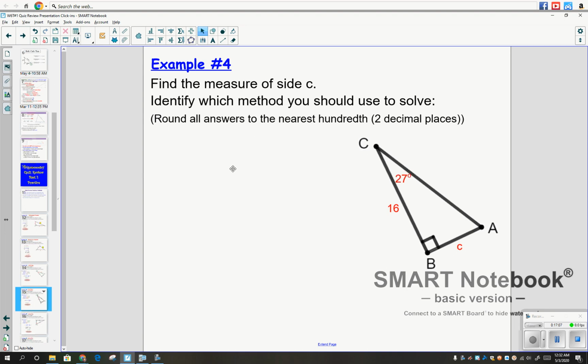Example number 4 says find the measure of C. Is it a right triangle? Yes. How many sides do I know? Only one. I'm using SOHCAHTOA. What's my reference angle? Which angle do I know the measure of? 27.